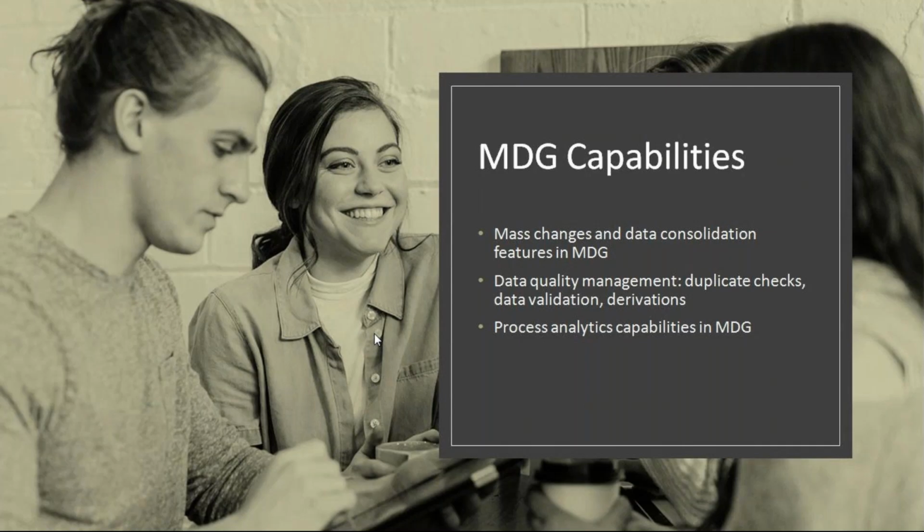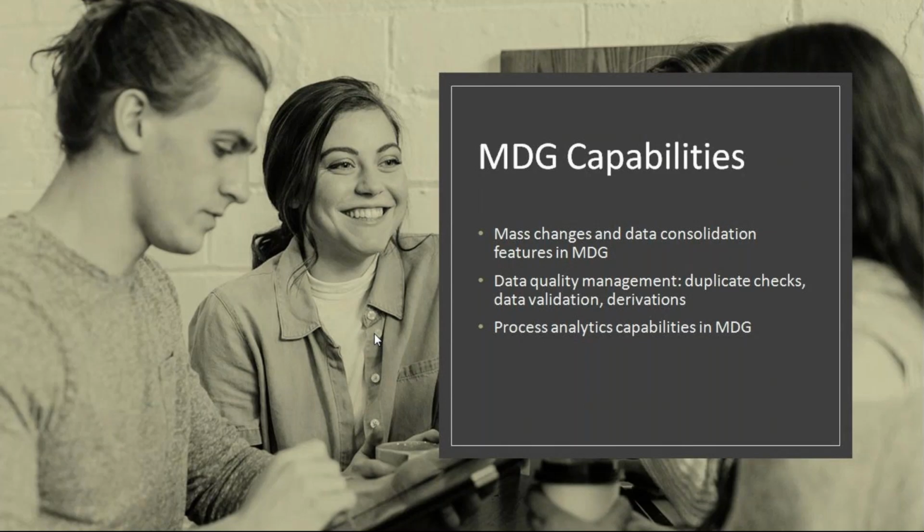The next thing is, of course, data replication. The replication happens from one system to another, and SAP and non-SAP systems are involved. And another part is providing the advanced governance process.